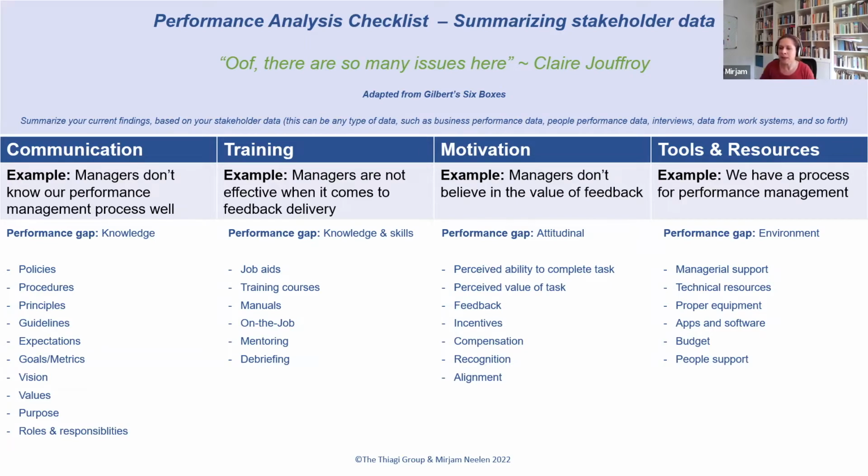And then when we think about the knowledge, skills and abilities and attitudes that Matt also talked about, that is when we dive a little bit deeper and start to think about what is causing the gap, right? And then the examples below that are more for you to consider what type of solutions are best to fill that performance gap?